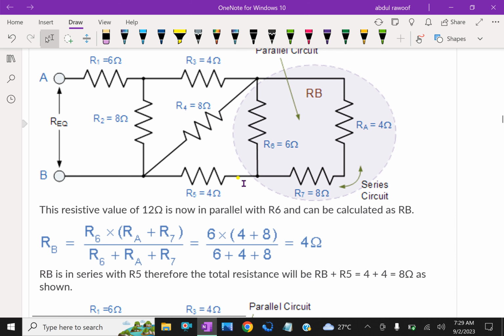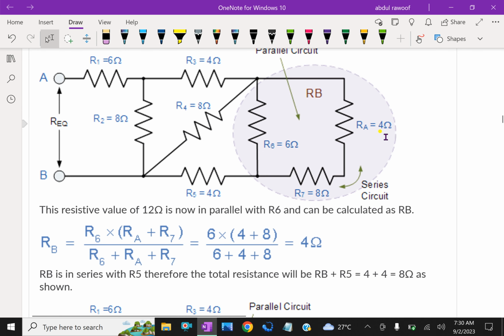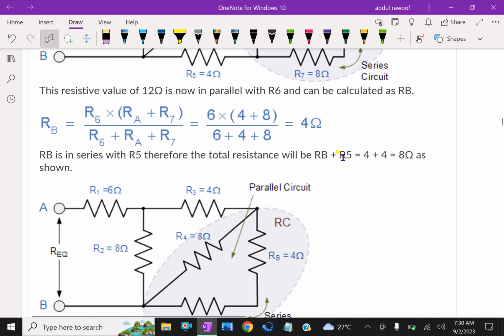You are calculating the shaded area of RB equal to R6 into RA plus R7, where RA plus R7 is a series combination. That together is in parallel combination with R6. So RB equals R6 into RA plus R7 over R6 plus RA plus R7. This becomes another 4 ohm. This gives up to the shaded area a 4 ohm.